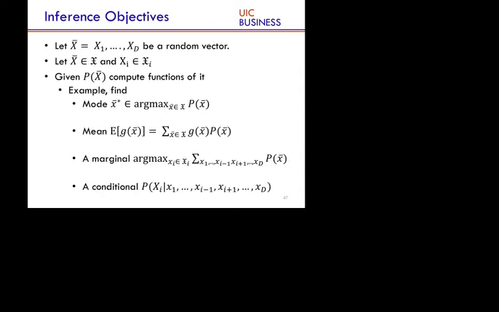So what are those functions? For example, I may be interested in finding the mode. The mode is just that particular configuration which has the highest probability under my joint distribution, right?